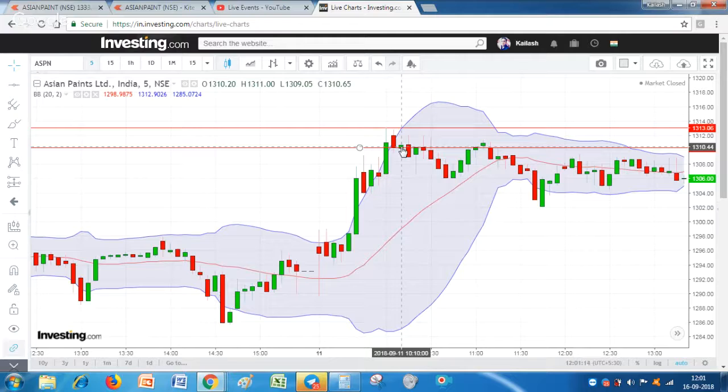But if we are getting any trade where the risk to reward ratio is 1:1 or even less than 1:1, we should not go with that trade. We should avoid a trade which is 1:1 or even less than that. My strategy is I always go for trades which have a risk to reward ratio of 1:2.